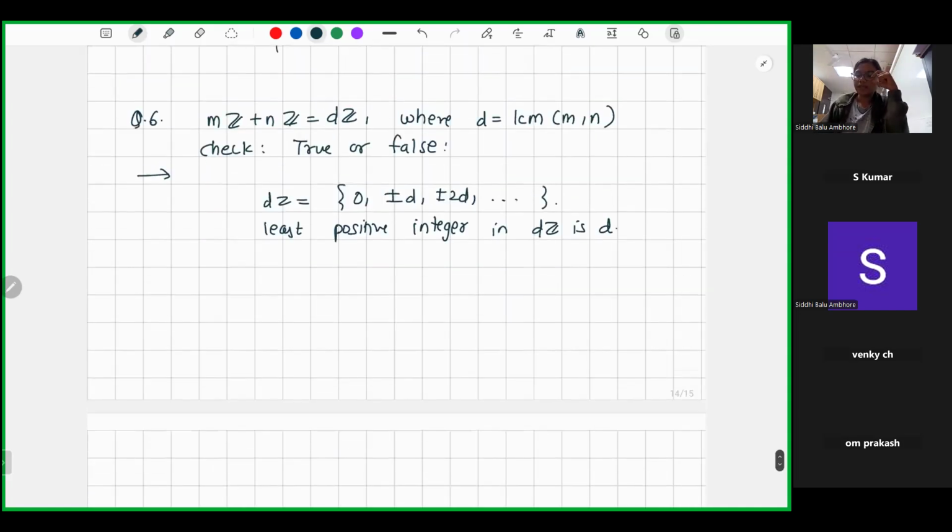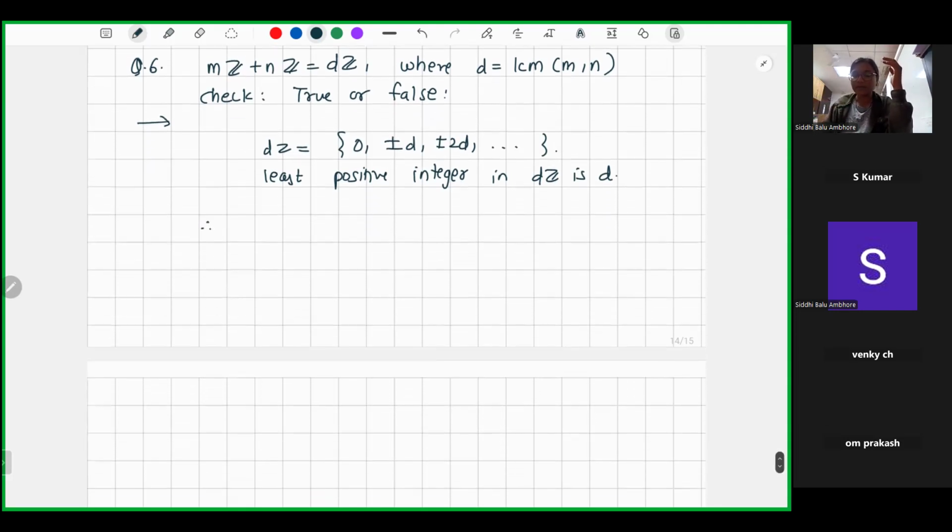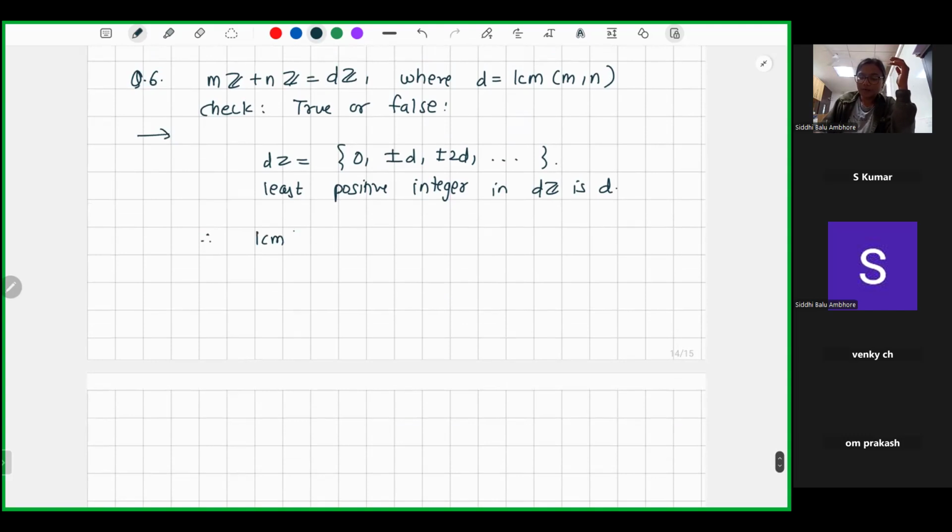Okay. And LCM in general: the LCM of two integers is greater than or equal to those two integers. We will give the proper counterexample, but the LCM of m comma n is greater than or equal to both m and n.